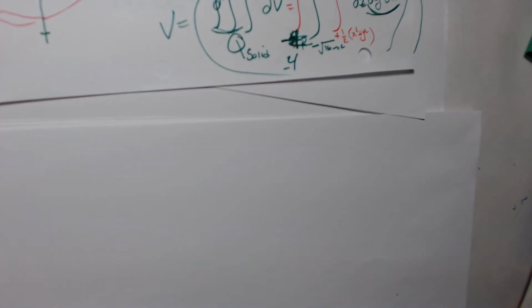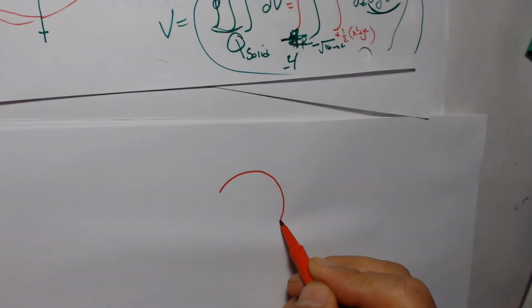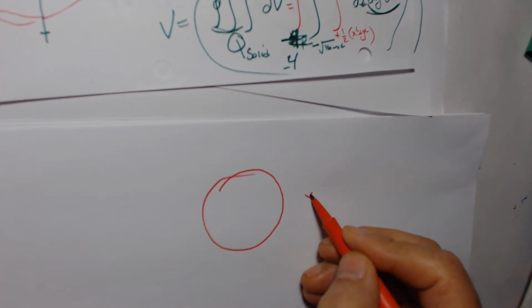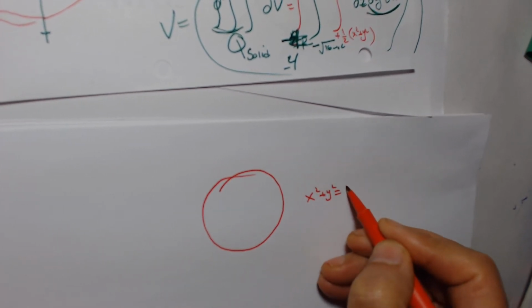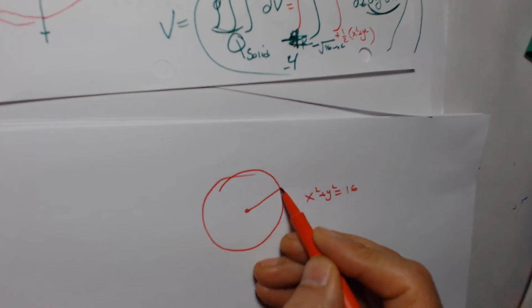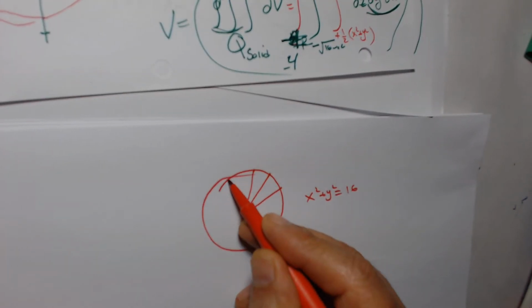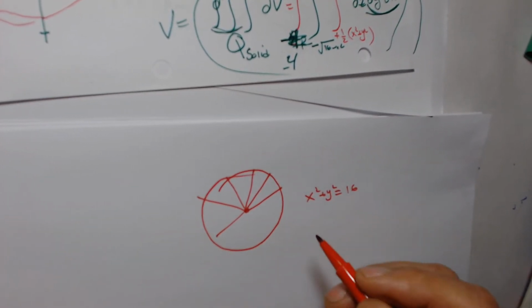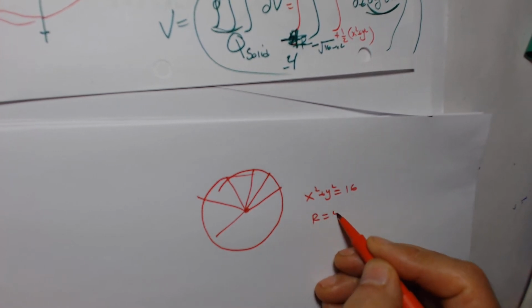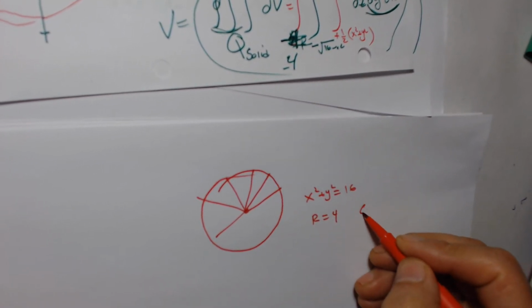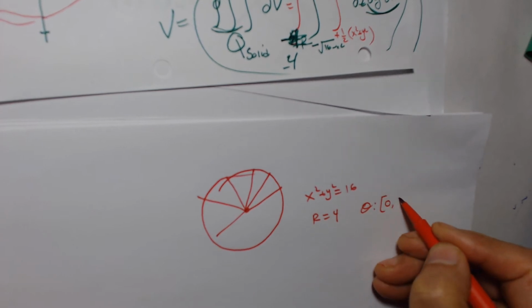Okay, what does it mean? It means I take my region. My region was x squared plus y squared equal to 16. You know my region can be divided into a sector. Therefore, in here, I'm going to say my r is always 4. And the theta I require is from 0 to 2 pi.